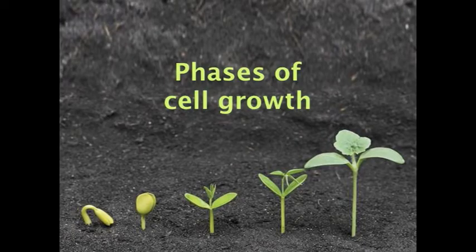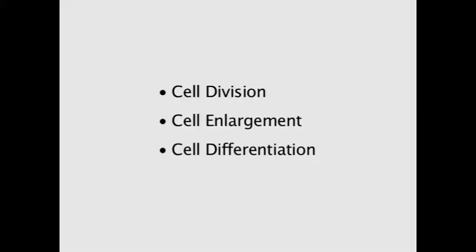Next, let us see the phases of cell growth. There are 3 phases of cell growth, and they are cell division, cell enlargement and cell differentiation. The first 2 phases, that is cell division and cell enlargement, bring about increase in the size of the plant cell, while the cell differentiation phase brings maturity to the cells.